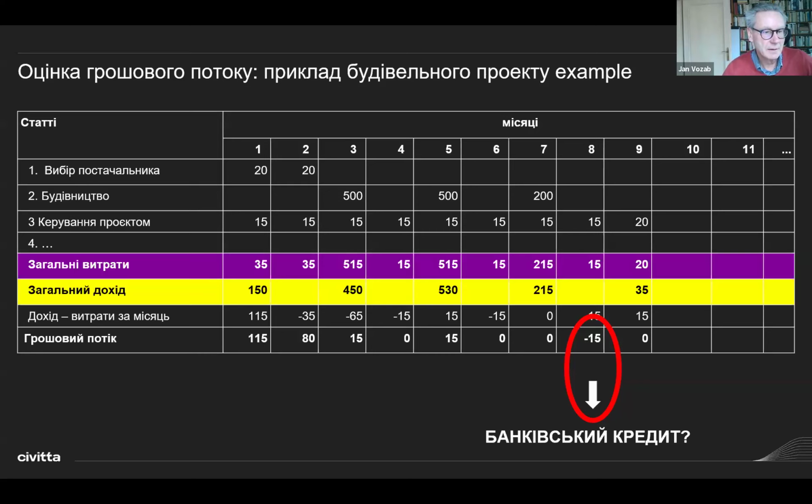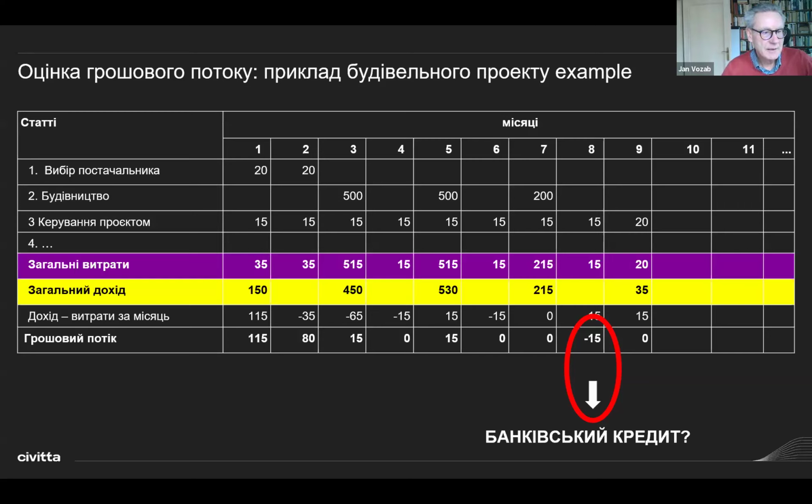Then the real construction. You see, you do not pay the construction company every month, but you pay the construction company every 2 months, and you need to manage the project. So that's the third line, the project management. And you pay for the project management, for the project manager and supporting staff and whatever. You pay 15 units of something every month.